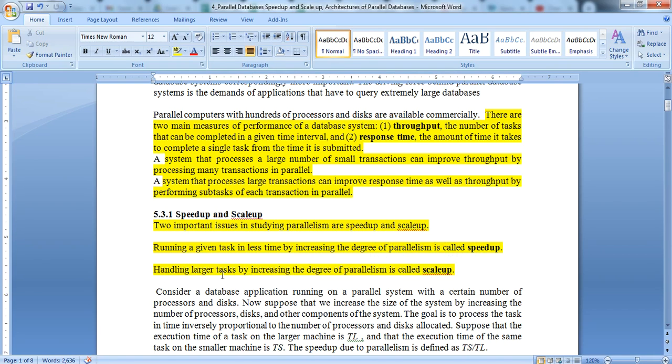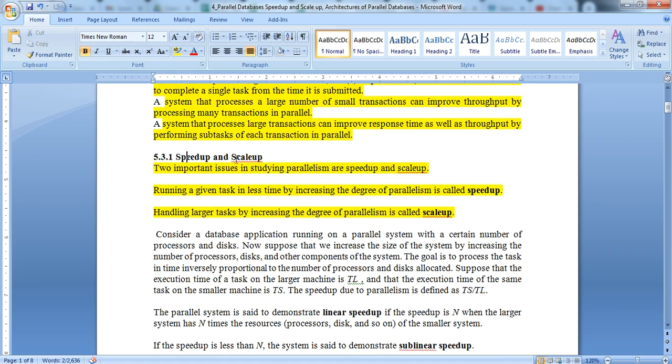For example, one task is assigned to one person, then to 10 people, which speeds up the process, and again we assign it to more than 10 people. Increasing the degree of parallelism like this is called scaling up. This is simply speed up and scale up under parallelism.